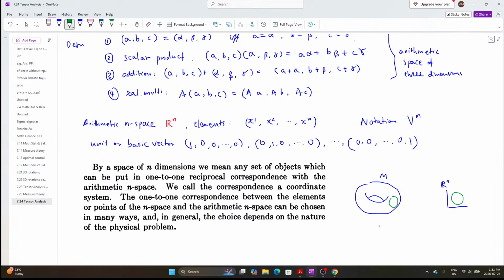Remember the definition of a derivative in multivariable calculus: it requires you to approach a point from all directions.